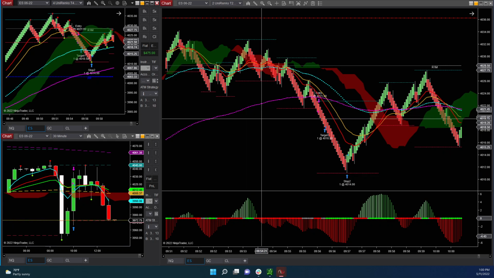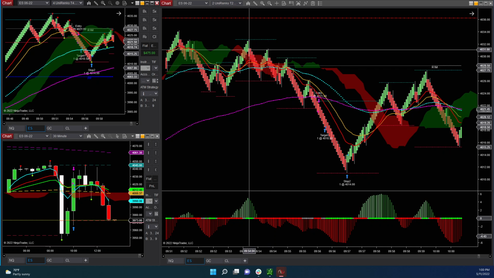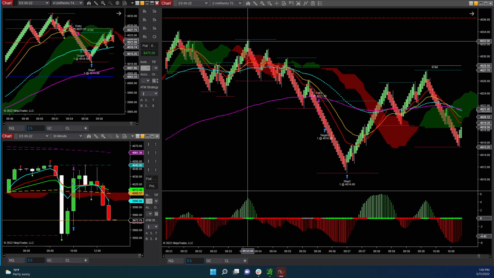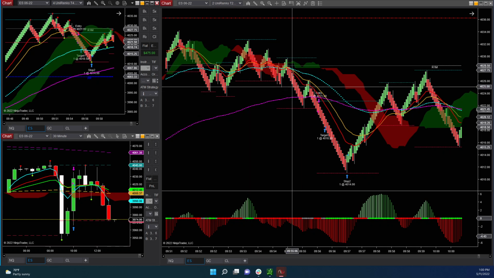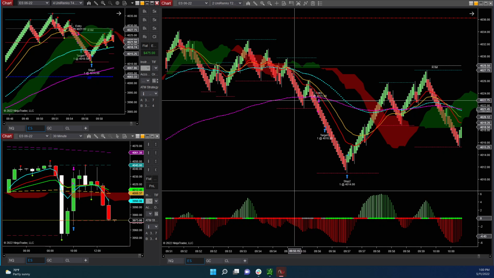All right. So if you see here, in the entry chart we do have congestion right here, and then it started to break down that level right there. But we were very close to the 200 moving average right there.